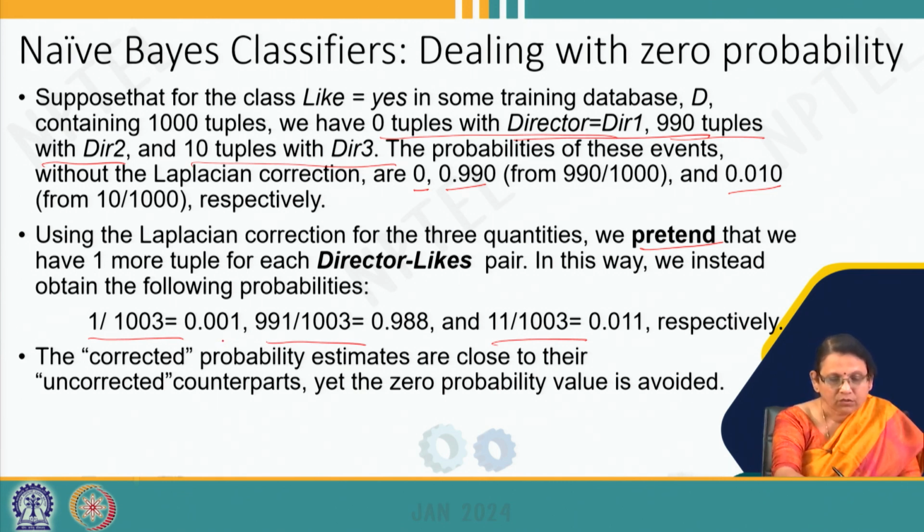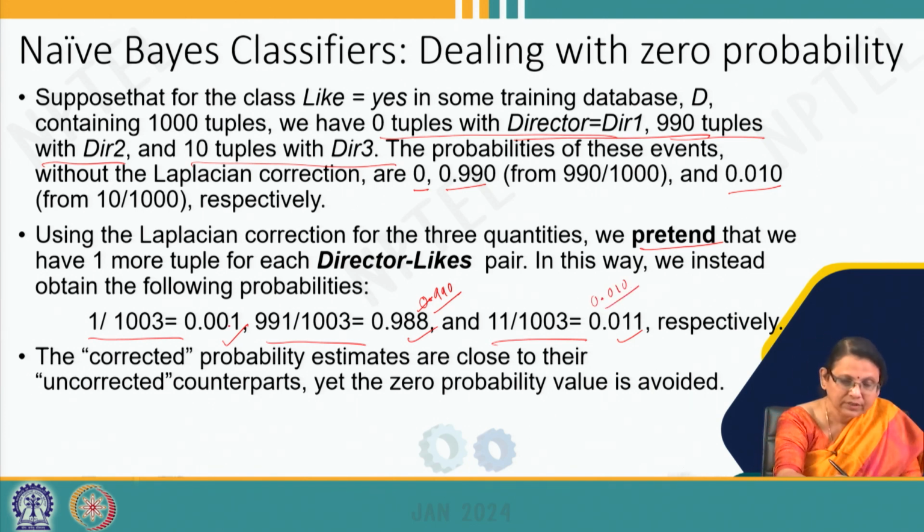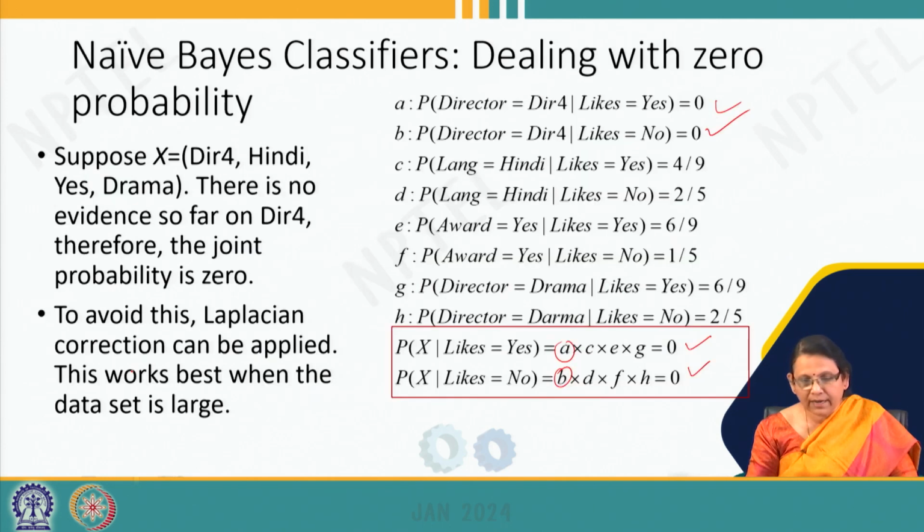So therefore, recomputing this, we get these values. Now if you compare this value with the original value, what was it? 0.990. This is not much difference. What was the original value in this case? It was 0.010. This is also not much difference. But this one, which was 0, now has got some value. So however small it may be, you will not land up in a situation like this.